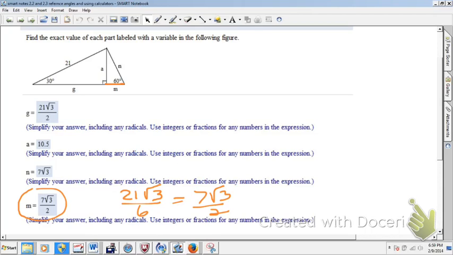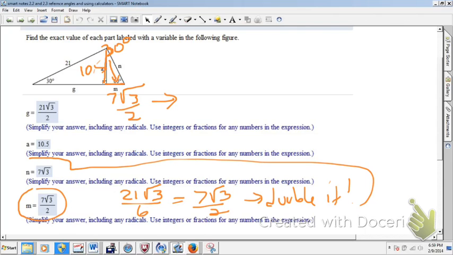And then I always think it's easier. Now we know this is 10.5, and we know the piece opposite is 7 root 3 over 2. What I like to think, if I'm sitting up here at my 30-degree angle and I know the side opposite, is that the hypotenuse is always double the side opposite. So if I take this and double it, I'll have this.